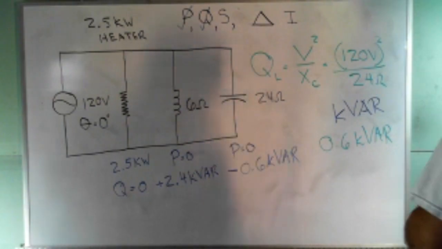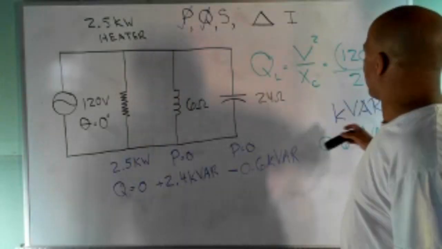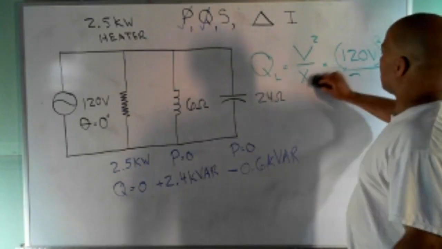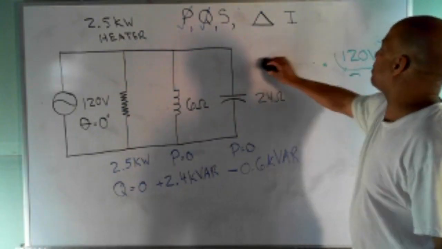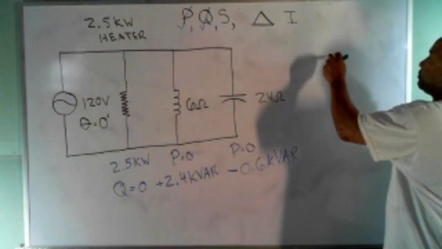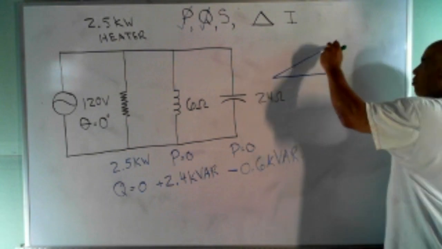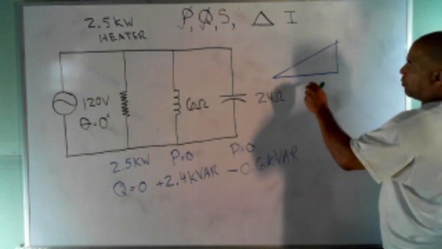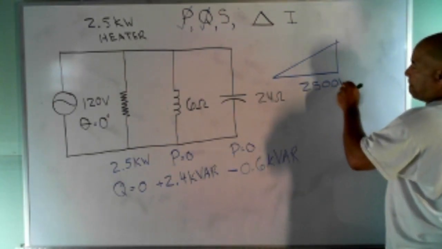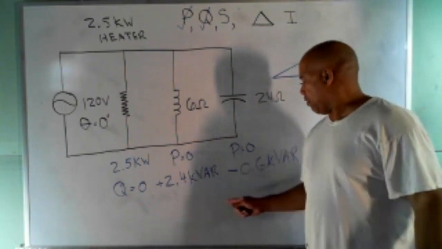So let's do that. Now, it asks for the power triangle. So let's go ahead and show the power triangle, and then from that, we can get our apparent power. Of course, the power triangle is just a right triangle. My resistive power is 2,500 watts. My reactive power, what's 2.4 minus 0.6?